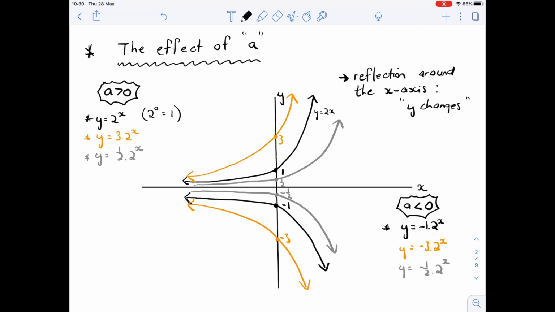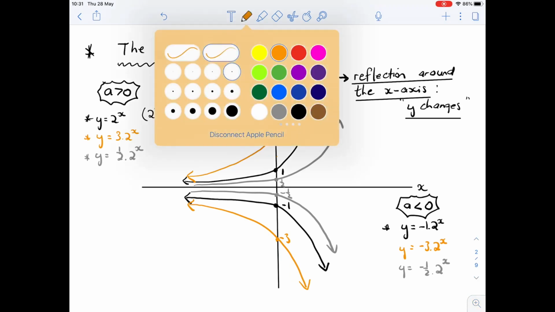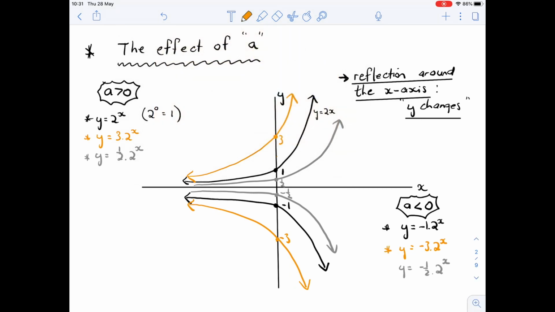And how does that tie up with the theory? It ties up because, remember, in a reflection around the x-axis, the y changes. So the y changes on this side, but then you actually bring it to the other side, and that's why you get a minus there. Okay, and then similarly with the others as well, you now have minus 3.